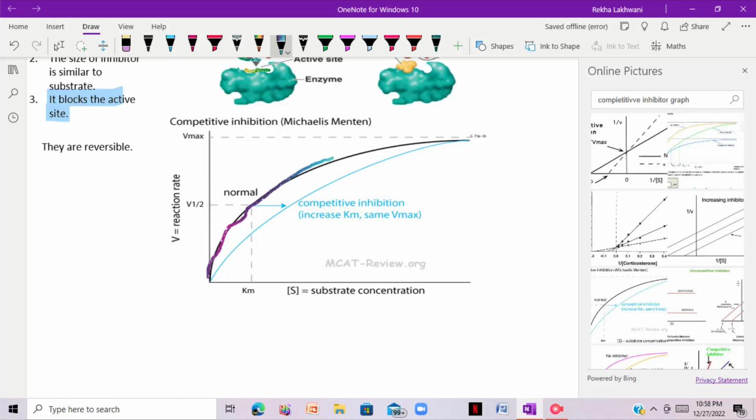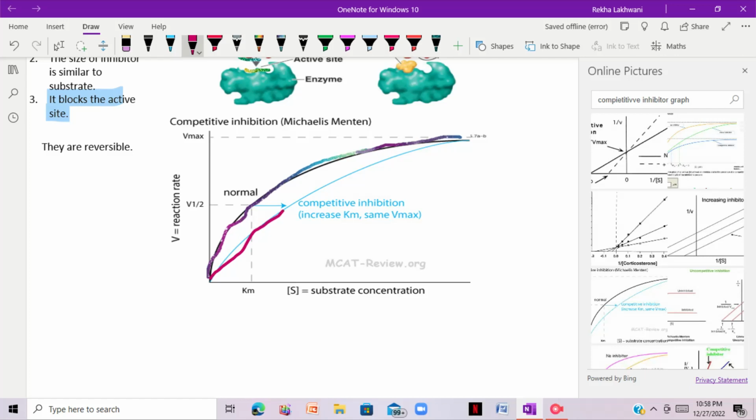As you are increasing substrate, the enzymatic activity is increasing. But what happens when we are adding competitive inhibitors? First of all, obviously the rate of reaction will decrease, right? But after some time it will increase as we are increasing the substrate concentration.